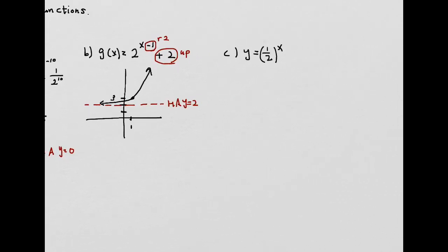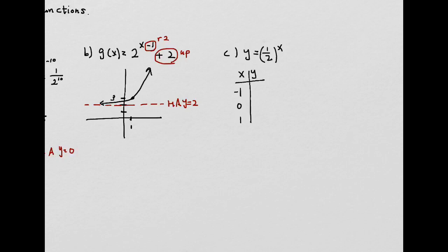Let's look at one more. We have C. What if our base is a fraction? Let me plug in the points. When x is negative 1, 0, 1, I always like to try one negative, one positive, and 0 is the easy number to use.